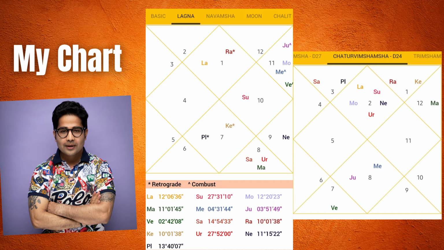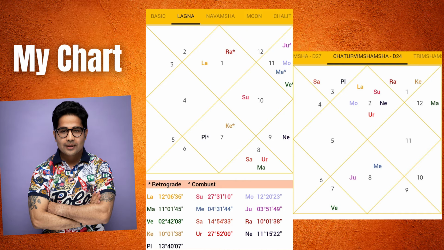Second thing is that in my Lagan chart, I have Mars as the rising sign, which is placed in the 11th house in the D24 chart. So I will also be able to gain from all the intellectual pursuits which are going to follow in my life. And lastly friends, we always say that the strength of the Bhav lord matters, like the strength of the first house lord in the D24 chart.